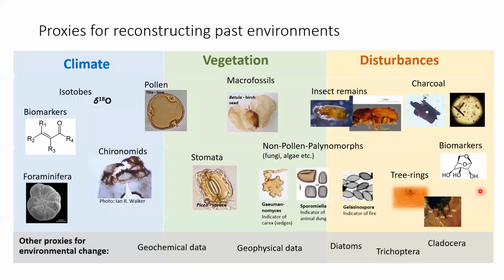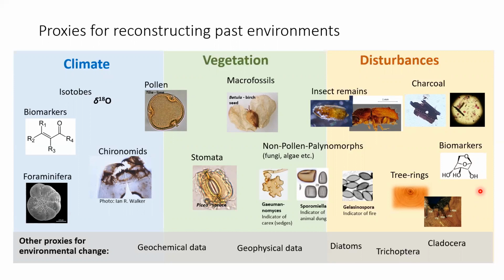So what kind of proxies are there for reconstructing past environments? There certainly are more than I can show. I've taken here some that we will also cover during the course, and maybe the most used ones. I've tried to organize these based on what they can be used to reconstruct, but this is not the absolute truth. They can be used together to reconstruct different kinds of environments or make a summary of the environmental conditions.